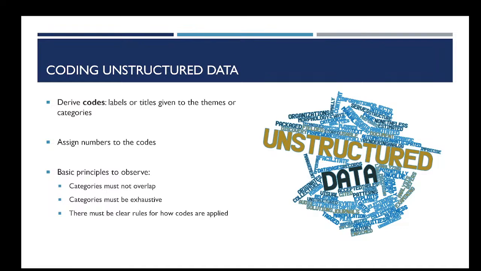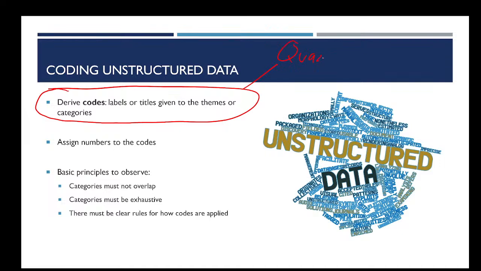Okay. So coding, we'll come back to coding a few different times in the course. It's a little different when we talk about quantitative and qualitative methods. It's an important part of everything because it's the way that you make the data understandable. Generally speaking, in quantitative data, the only time you're going to see this is typically on a survey where you have an open question.